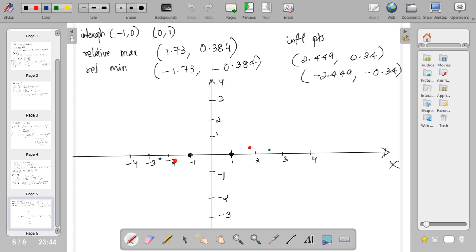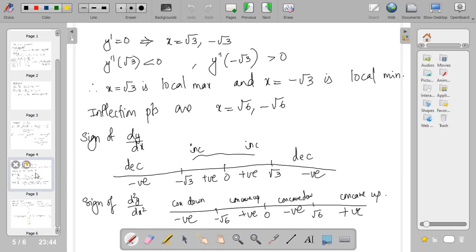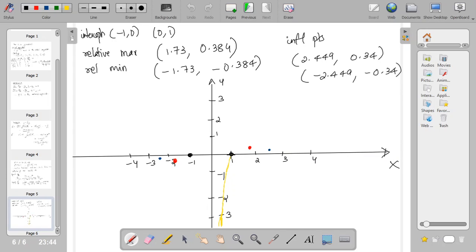So here it is going to be negative. So our graph will approach x equal to 0. And 0 to, let us look at where it is increasing and where it is decreasing. Okay, 0 to root 3 the function will be increasing. So in this direction the function will be increasing. Then root 3 is reached.